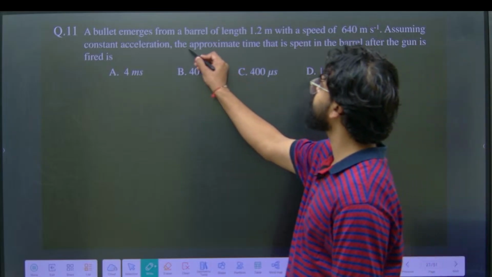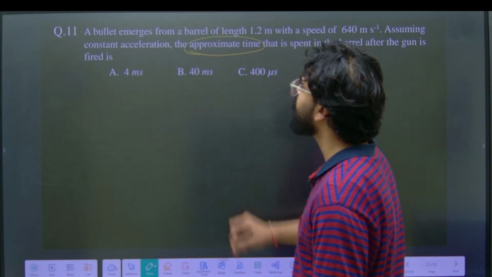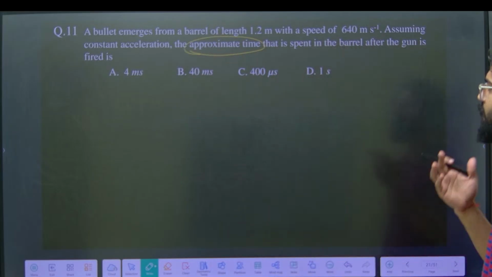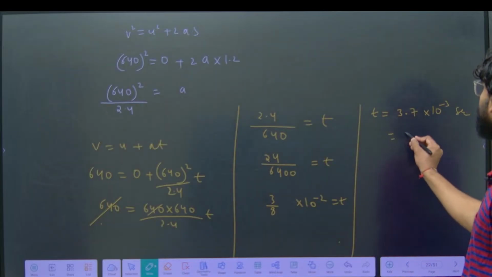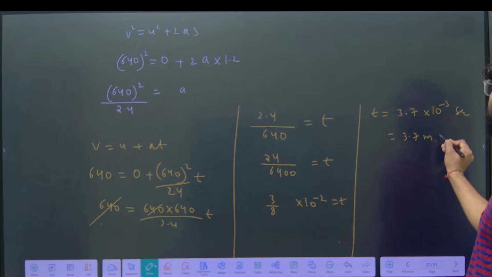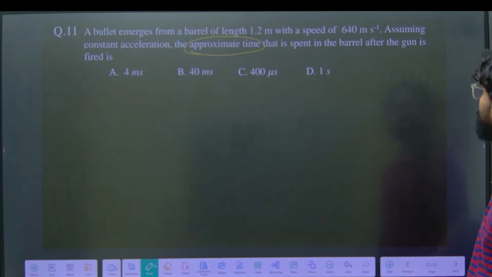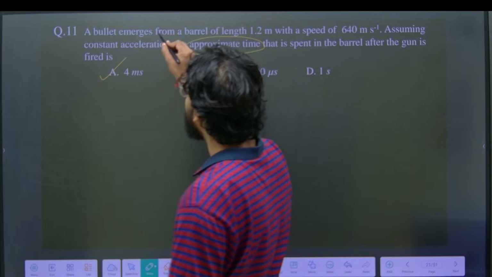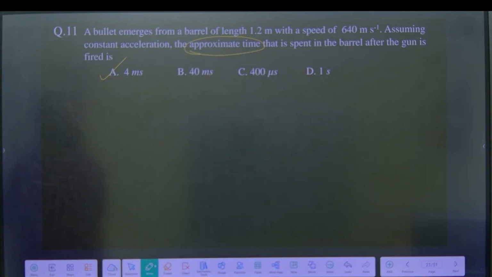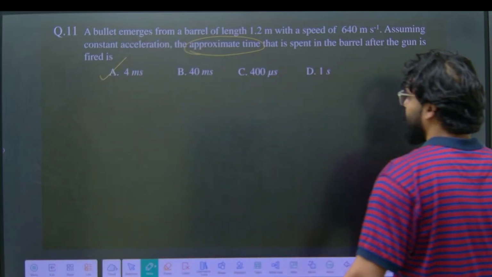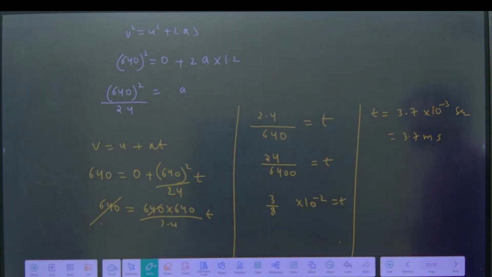Approximate is there, huh? So they are also assuming that the perfect number won't be there. So it is very close to 3.7, so answer is in milli. Correct. So answer should be Agra. Agra calling again. Yes. Correct. So correct answer is Agra. Chaliye sir.